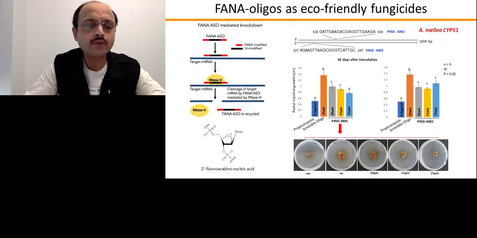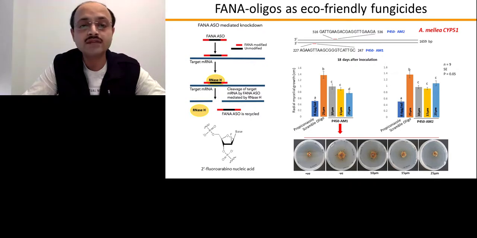To deal with the problem of the degradation of dsRNA, another approach that we took is to use modified oligonucleotides. The nucleotides of these oligos are decorated with special sugars that provide them stability. These are known as phenanucleotides.